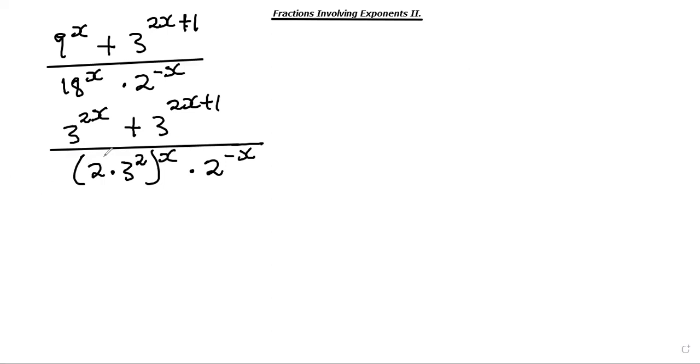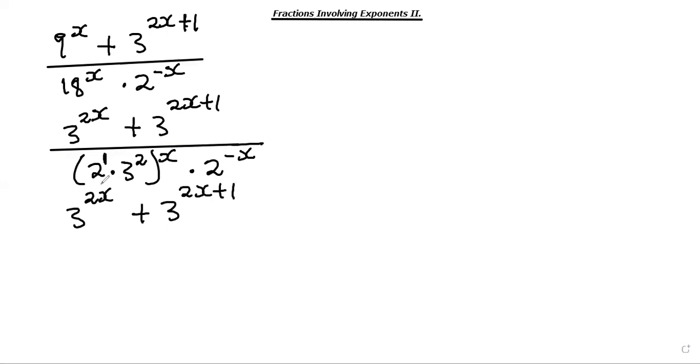Now it's going to be the exponent of 2 multiplied by x, the exponent of 3, which is 2, multiplied by x. Are you fine? So we'll have 3 to the 2x, and then we say plus 3 to the 2x plus 1.